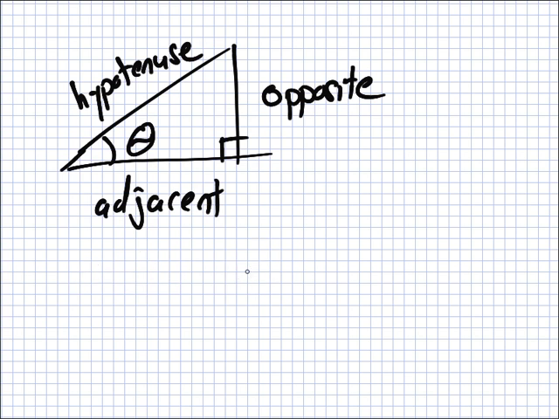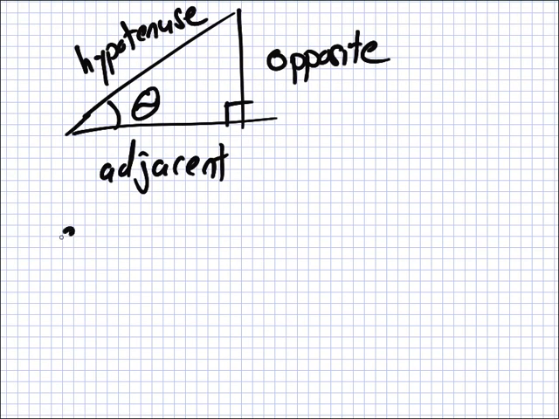How many comparisons can we make altogether? 9, but only 6 of them really make any sense. Because if you think about it, you can compare the opposite with the adjacent, you can compare the opposite with the hypotenuse, and then you can compare the opposite with the opposite.